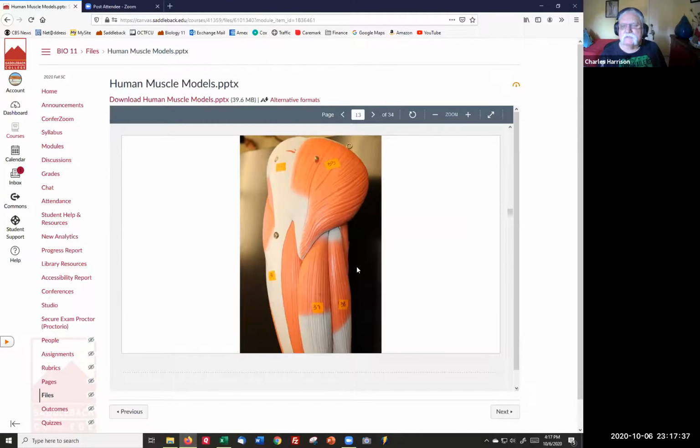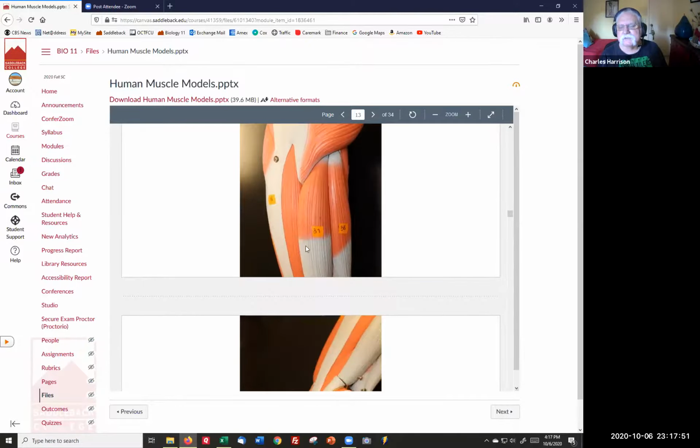Okay. On the leg, gluteus maximus. Underneath the fascia, we have the gluteus medius, the IT band. This muscle is the biceps femoris. These are the two sort of on the back.